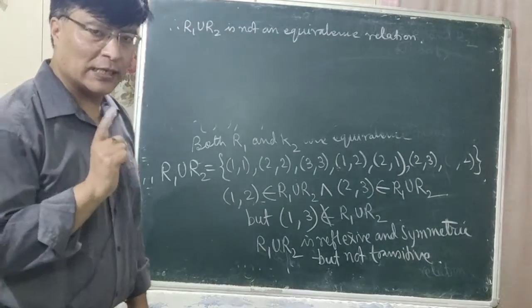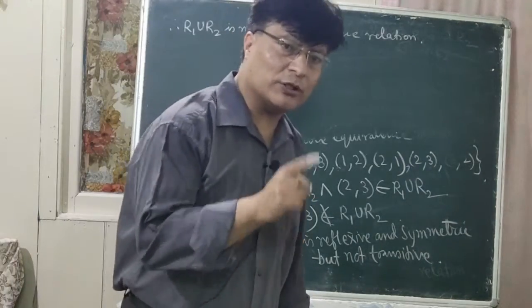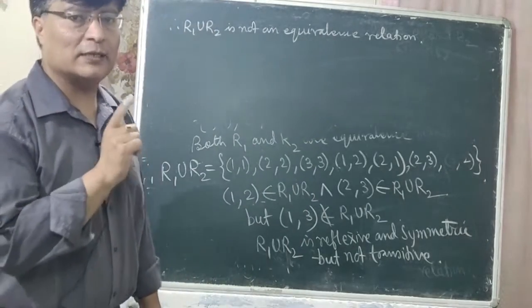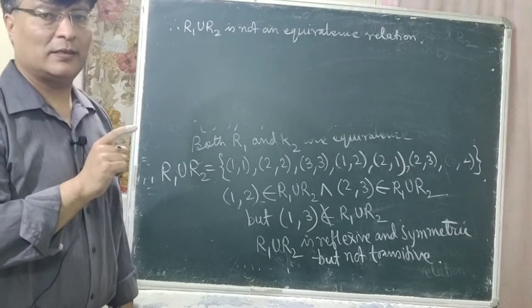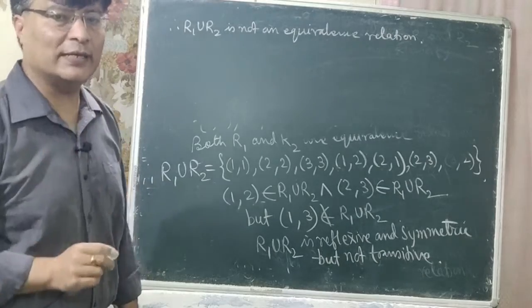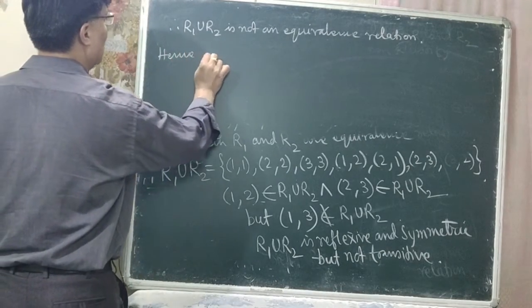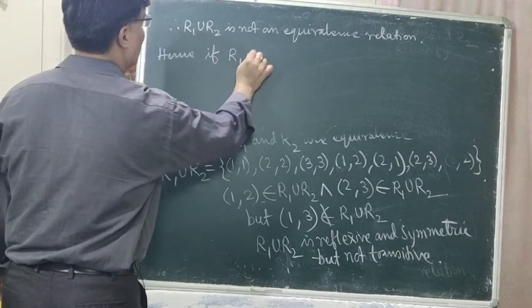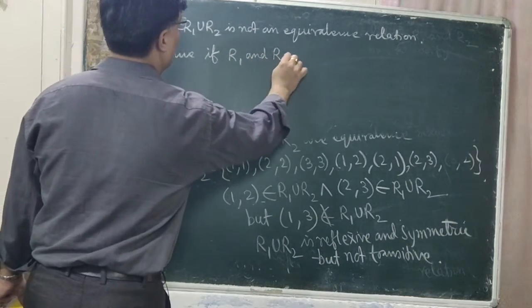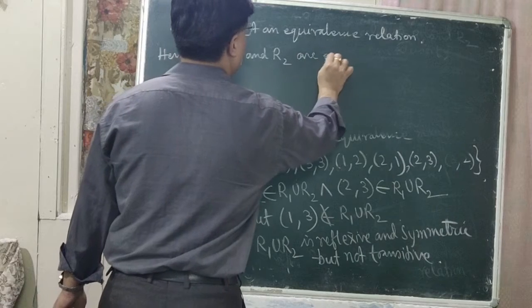So hence, if R1 and R2 are both equivalence relations, their union need not be an equivalence relation.